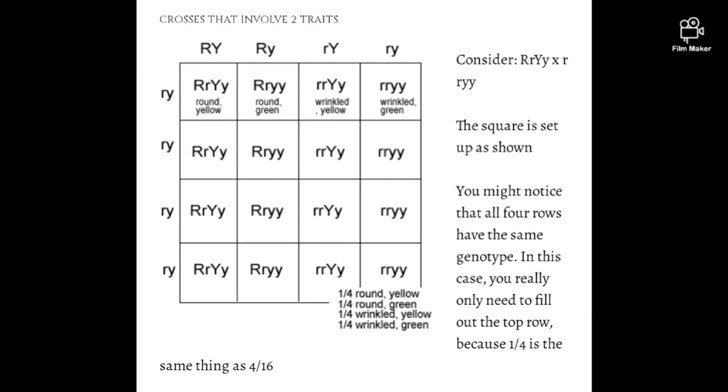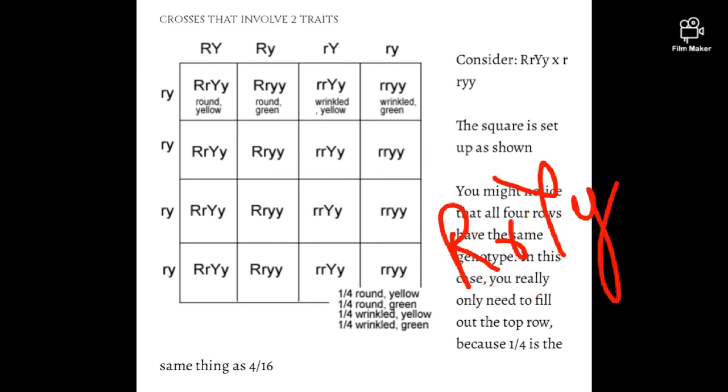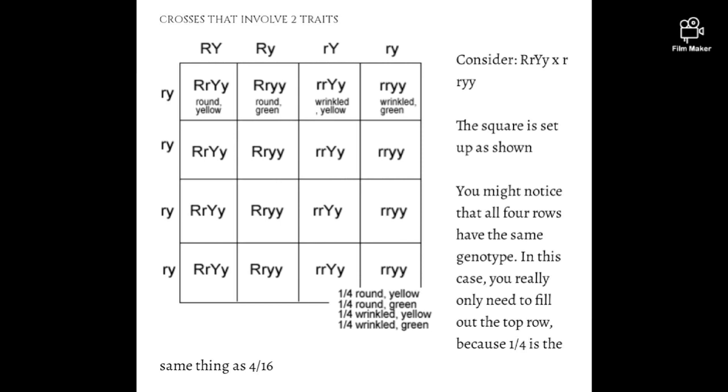If we see the intersecting block of the first column and the first row, we see that capital R, capital Y, and small r, small y are meeting in this block. The gene alleles are to be kept together, so we will write capital R, capital Y, small y.